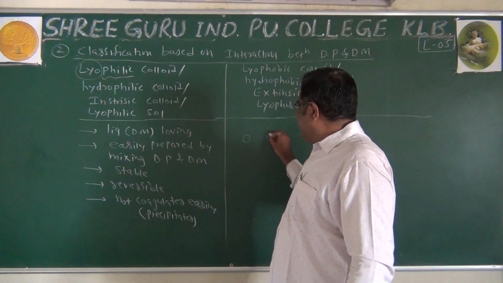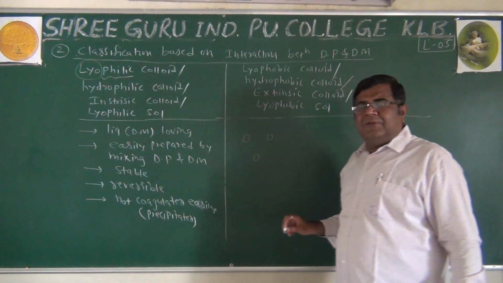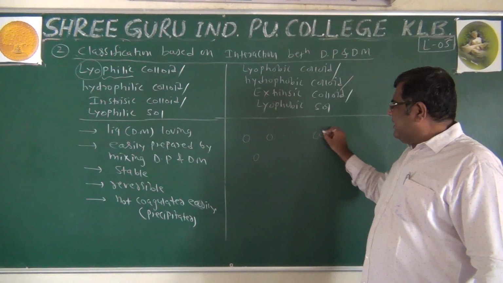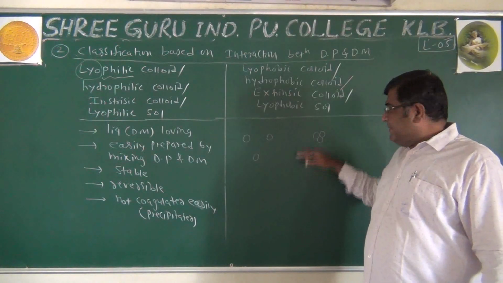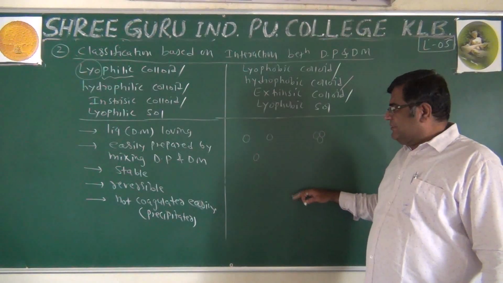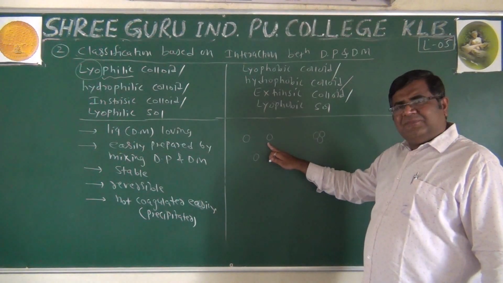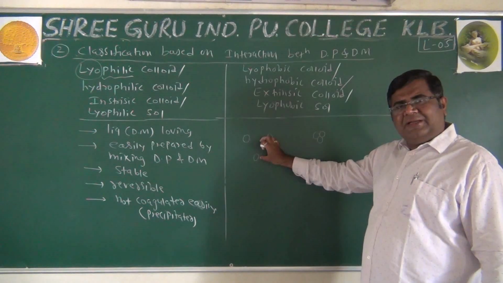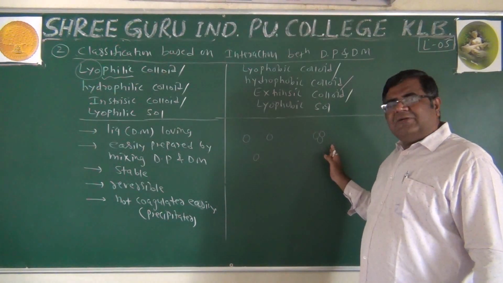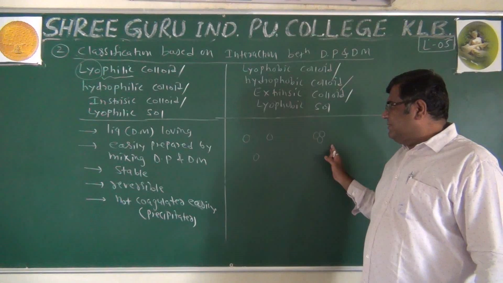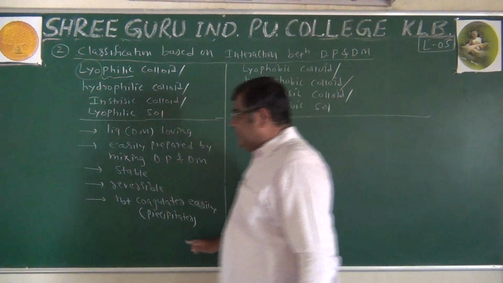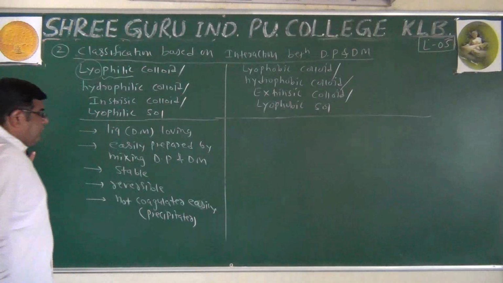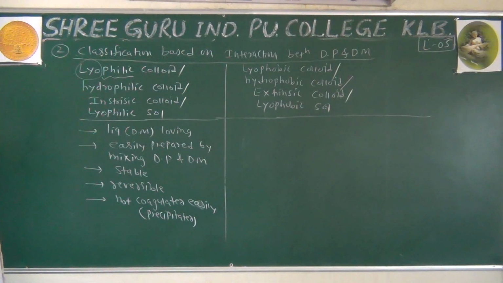If these are the colloidal particles, and if these colloidal particles aggregate together, they may settle down. Suspension, precipitation occurs. As they are stable, they won't aggregate, and they may not get converted into precipitation. So they are not easily precipitated. This is one of the important properties of lyophilic colloid.